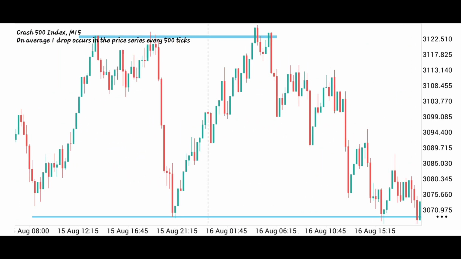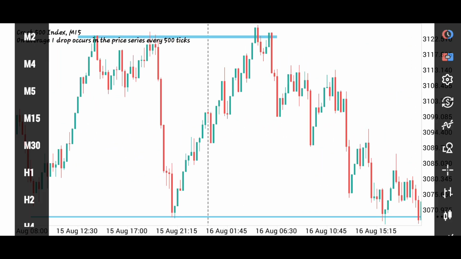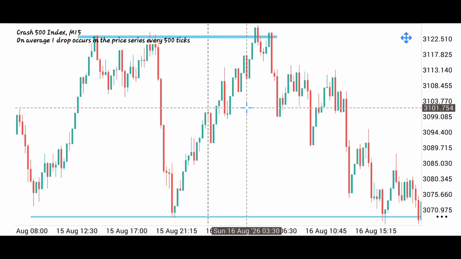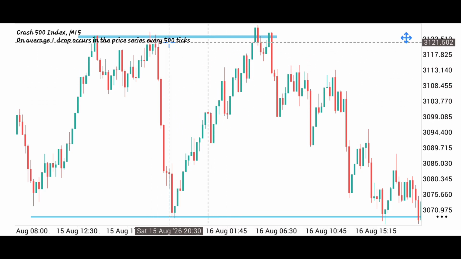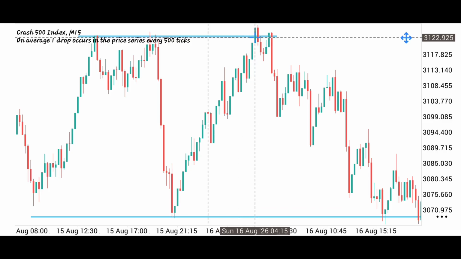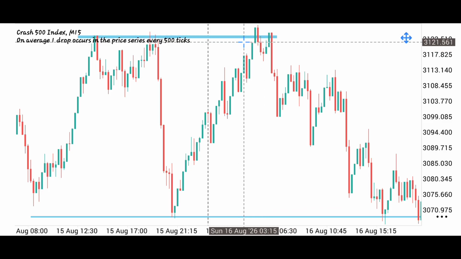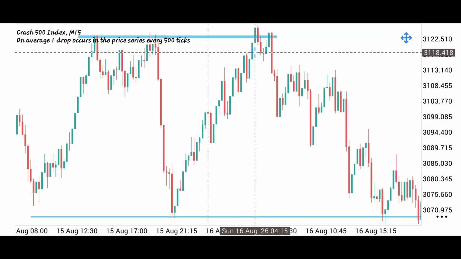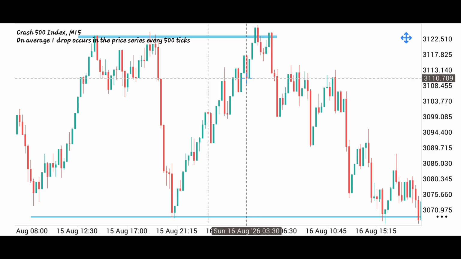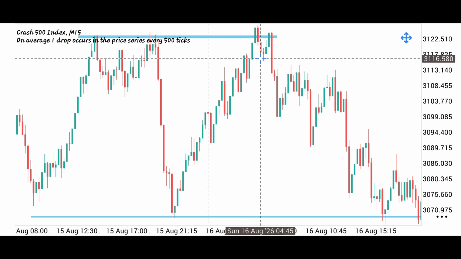Okay, so as you know, we ran the buy side here, using this as the candle that did the damage.